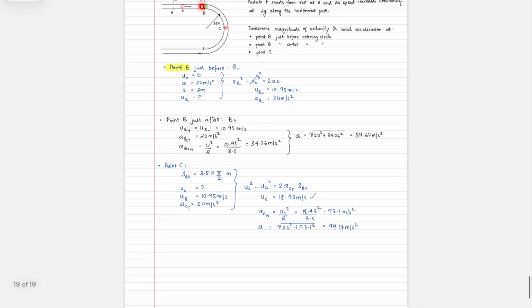So from this point here, where the acceleration was 20 meters per second square, as it's gotten to this point, the acceleration has increased by a factor of 5, pretty much. That's simply because of the speed increasing as it's executing the circular motion, and you have to account for how normal acceleration is being set up in addition to the tangential component.